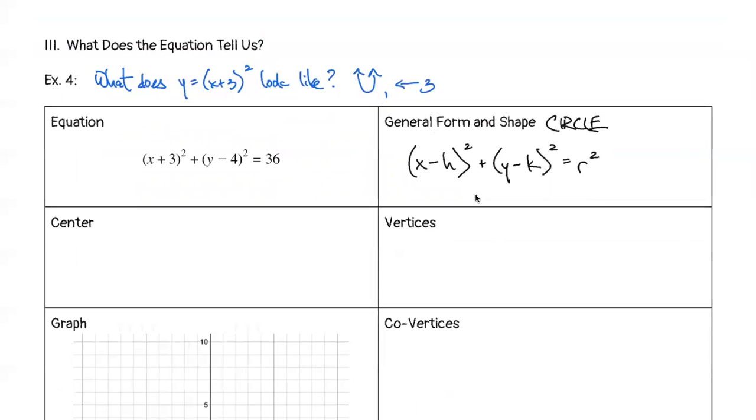Here's what all of these things tell us. The h and the k, they tell us where the center of the circle is.